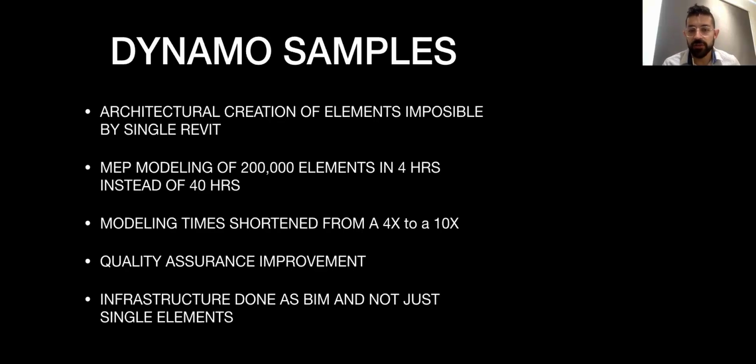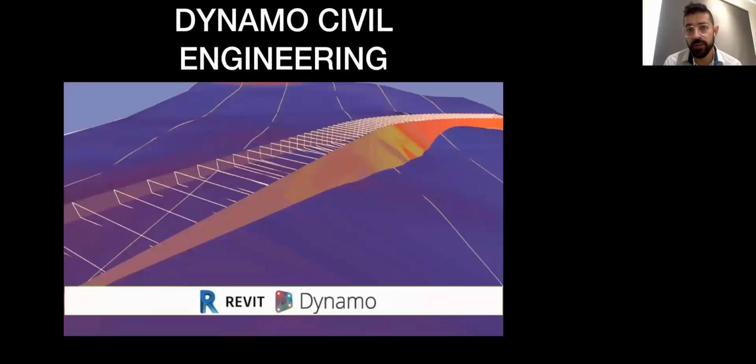Quality assurance improvement as well. You can check all parameters, all characteristics, use it for different purposes. And infrastructure is not just part of Civil 3D, you can use it for other elements. So you can use it for civil engineering, connecting Civil 3D with Dynamo, and also mix it with ground for creation of roads, landfills.